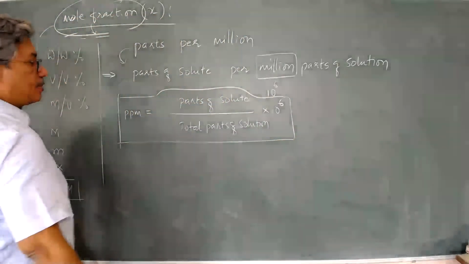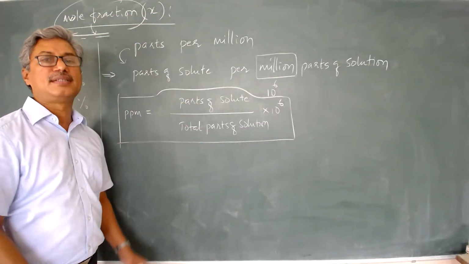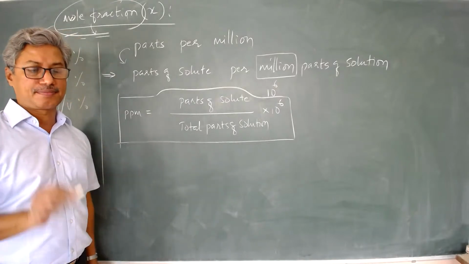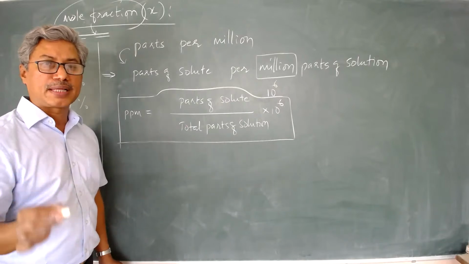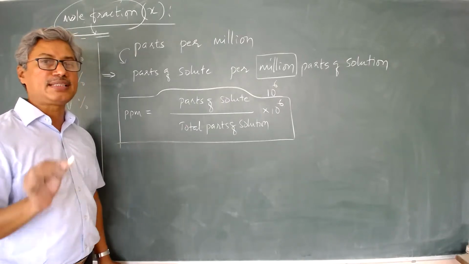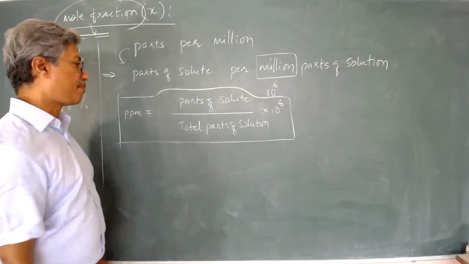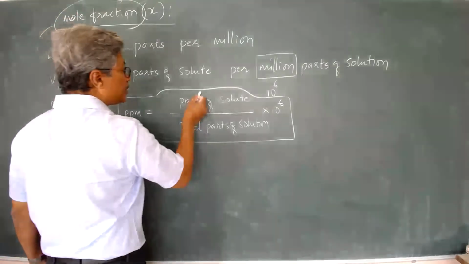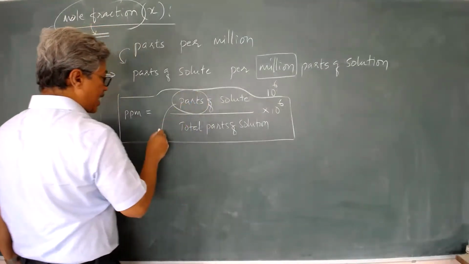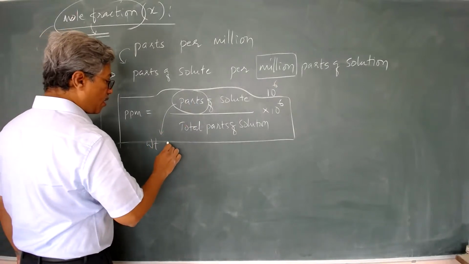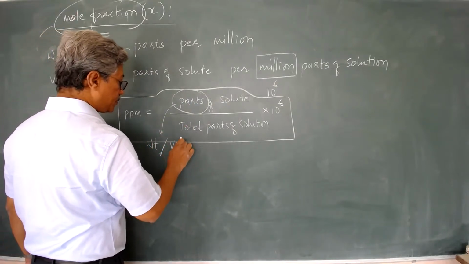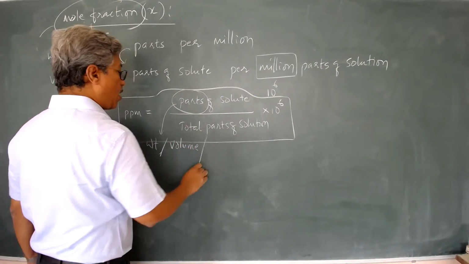This is the definition. What does parts per million mean? The name itself indicates the number of parts of the solute present per million parts of the solution. Here, this part stands for either weight or volume or just a number.